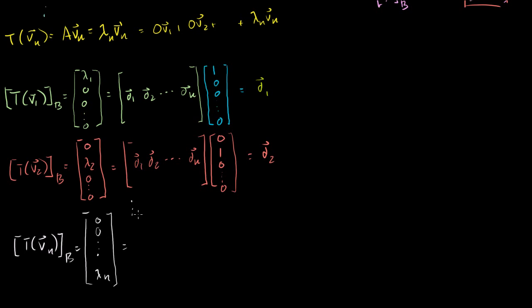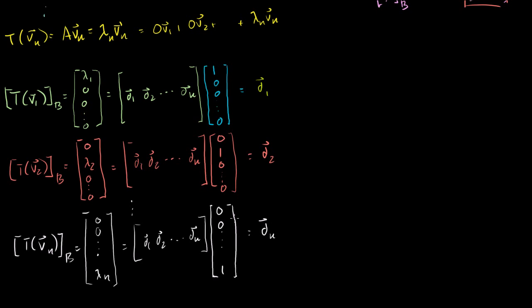And this is going to be this guy, d1, d2, all the way to dn, times the B representation of the nth basis vector, which is just 0 times v1, 0 times v2, and 0 times all of them except for 1 times vn. And so this is going to be equal to 0 times d1 plus 0 times d2 plus 0 times all of these guys all the way to 1 times dn. So that's going to be equal to dn.